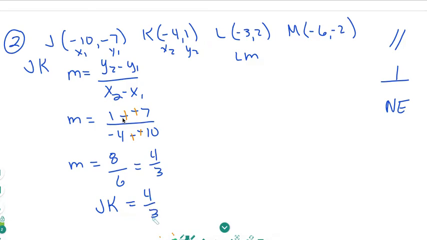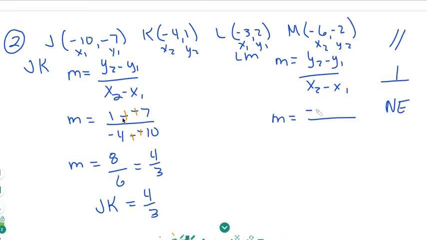Now we're going to find LM. M equals y2 minus y1 over x2 minus x1. Label our ordered pairs, x1, y1, x2, y2. M equals -2 minus 2 over 6 minus -3. I'm going to go ahead and do our keep, change, change.